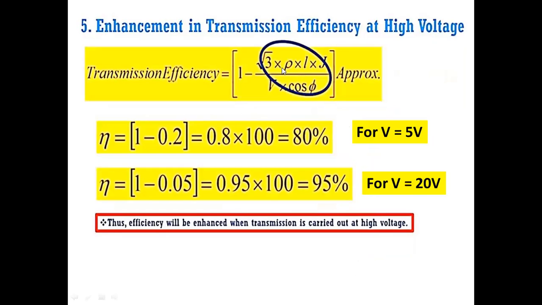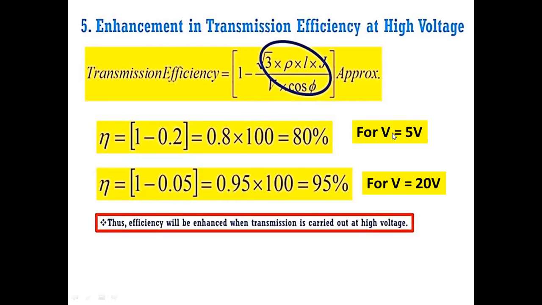So under 3 is already constant. So rho l j cos phi, these variables need to be constant in order to more clearly understand the efficiency enhancement with the high voltage.